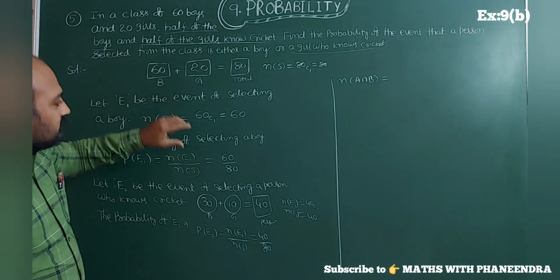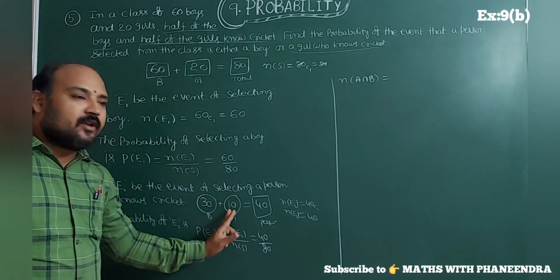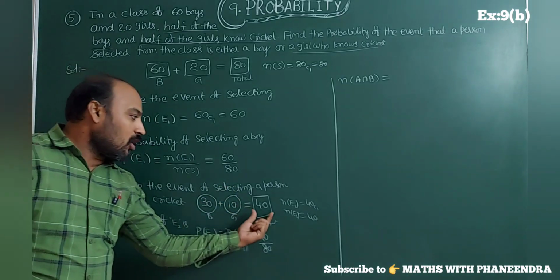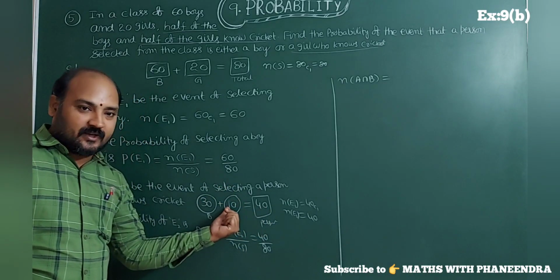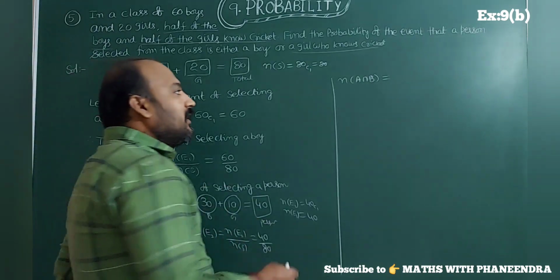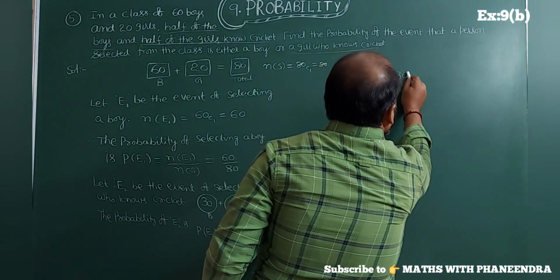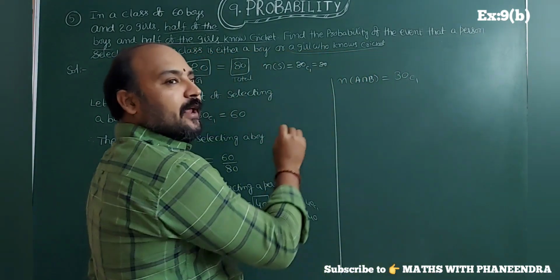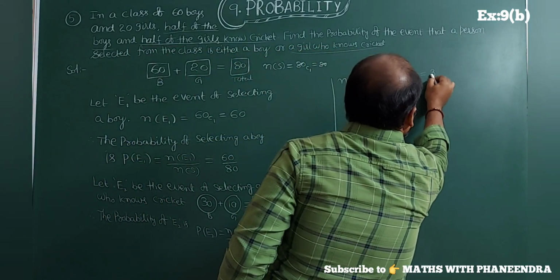So out of these 40, you can subtract the 10 in the common things, who know cricket. If you subtract, you will get 30. So 30 is C1. So N of A intersection B is equal to 30.